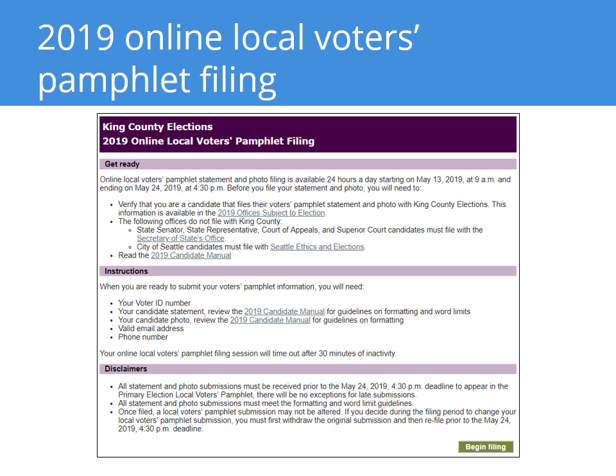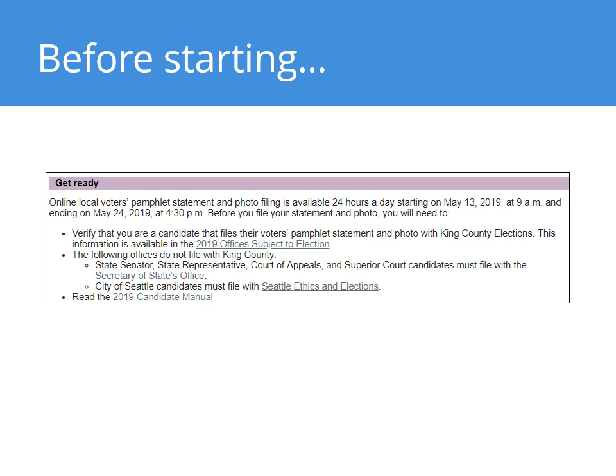This is the first screen you will see after clicking on the link for the online voters pamphlet submission. Before filing, verify that you're a candidate that files their voters pamphlet information with King County. Candidates who do not file with King County should consult the offices subject to election to determine where they file their voters pamphlet information.